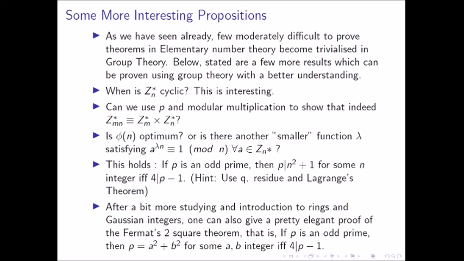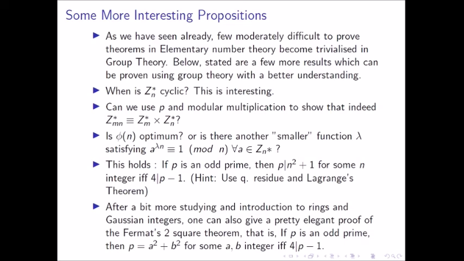So is there a smaller function lambda satisfying a to the power lambda n, where lambda n is the function lambda operated on n, is congruent to 1 mod n for all a belonging to Zn star? The question is that phi n does the work, but can we improve on phi n? Find another function which does a better job than phi n. It returns smaller integers such that the order property is surely satisfied.